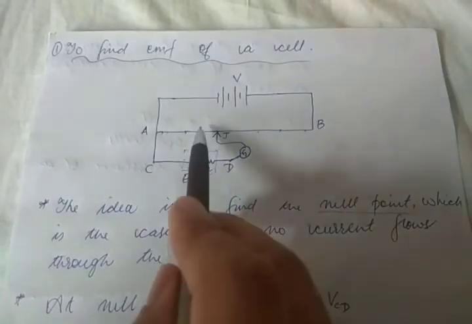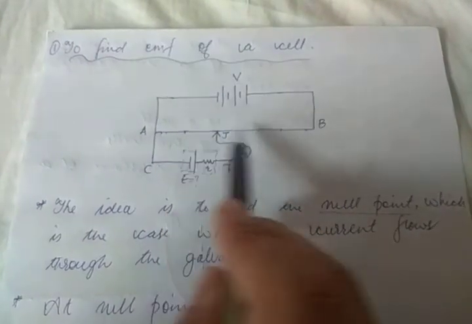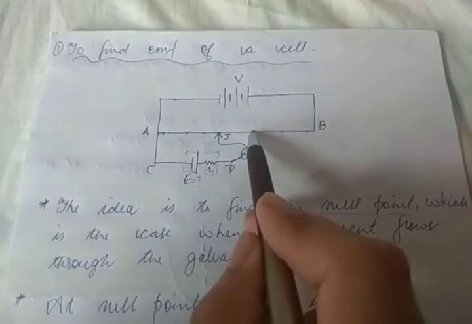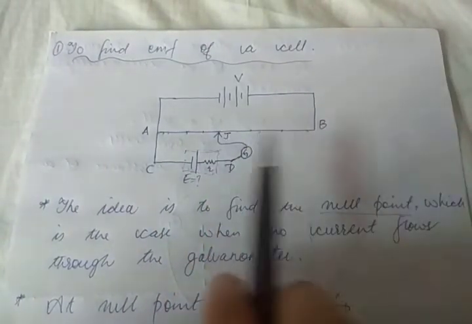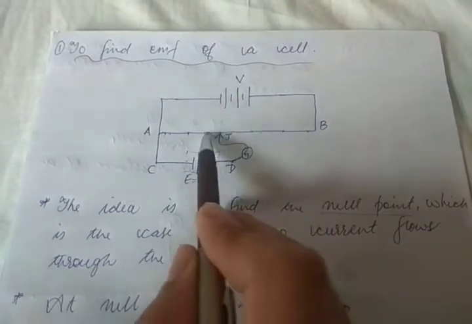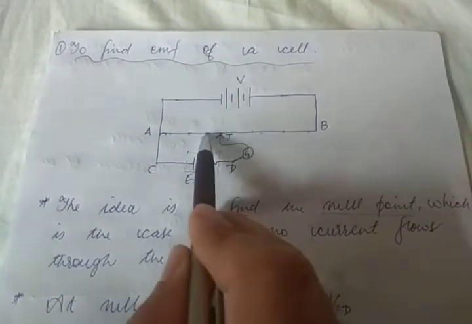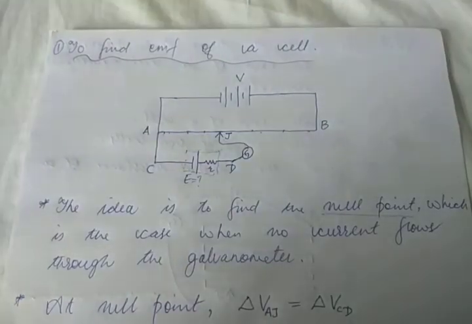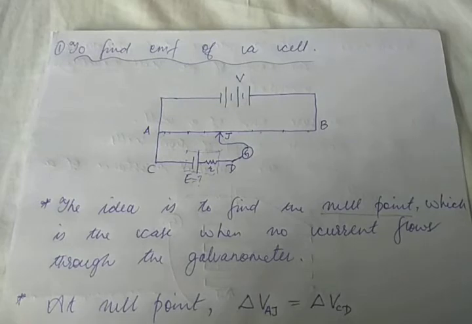So I go on reducing my range over here. I place it over here, it deflects towards one side. Place it over here, it deflects towards the opposite side. This way I go on decreasing my range, and thereby I eventually land up at the null point. So the basic idea is to find the null point, remember.